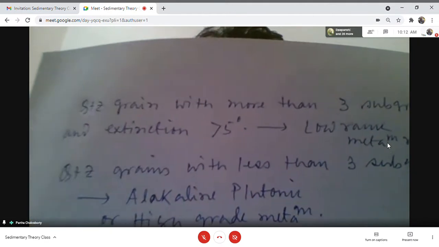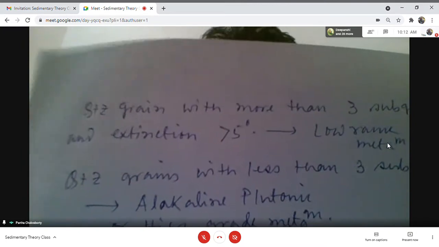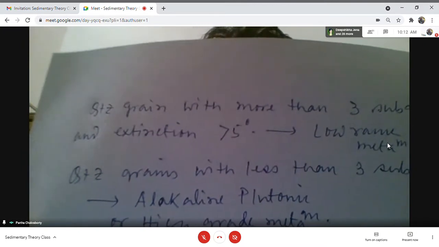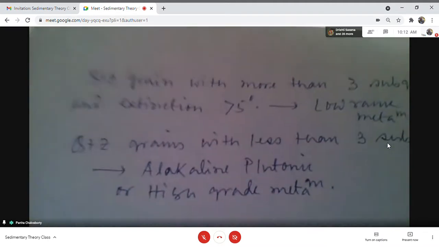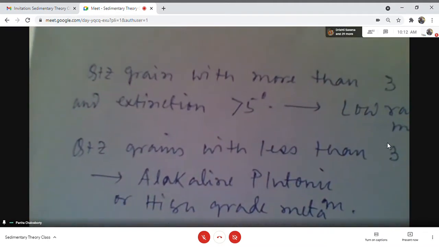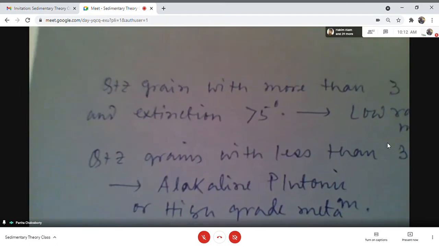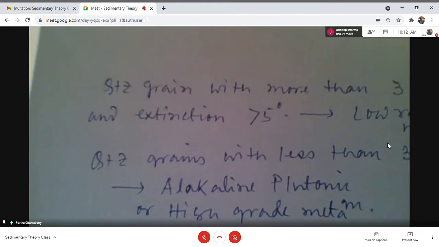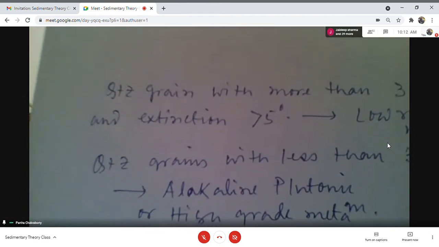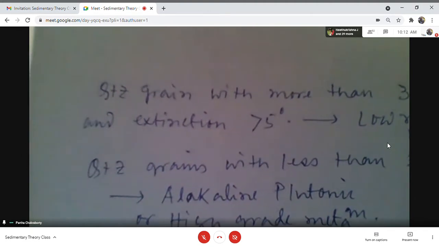So this is the famous work of Abhijit Basu in 1975, Basu and Dickinson. They considered how to distinguish the original provenance of sediment based on the character of quartz grain. This is a famous one.